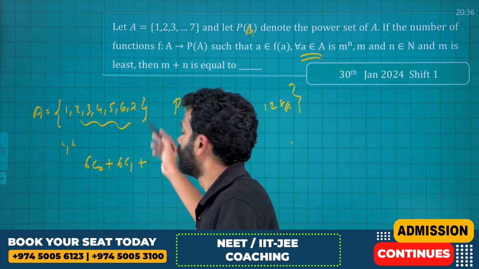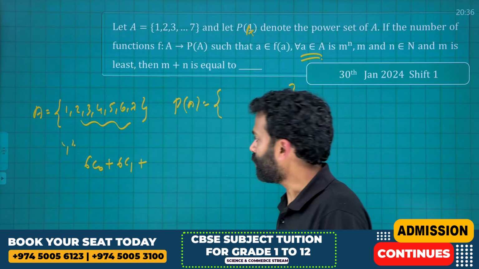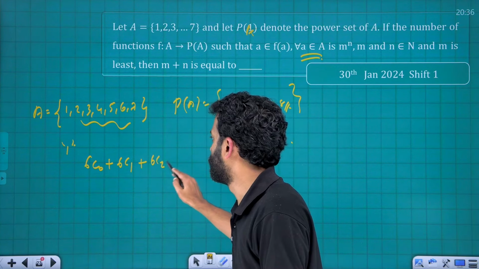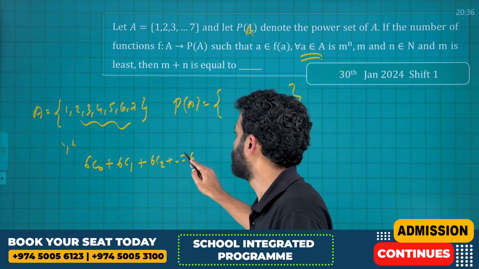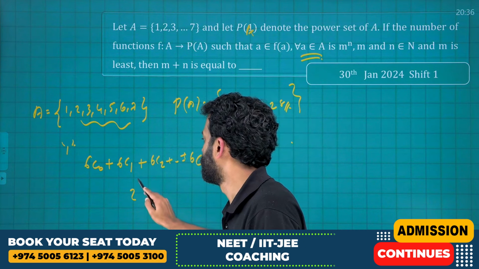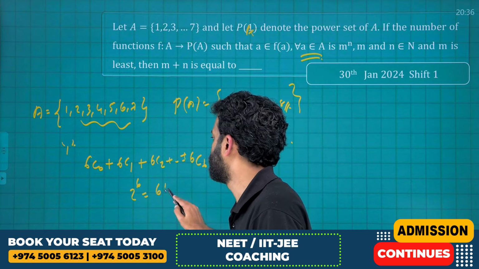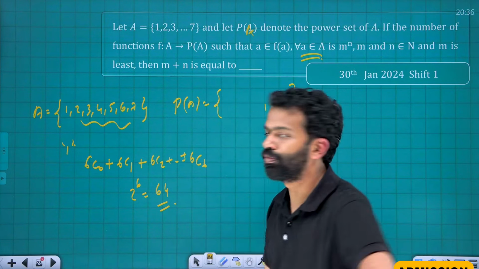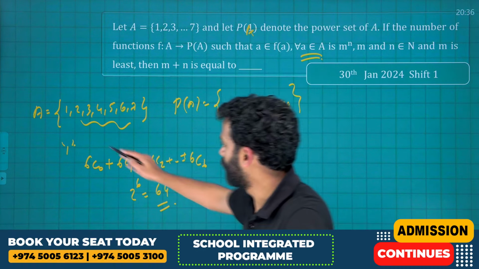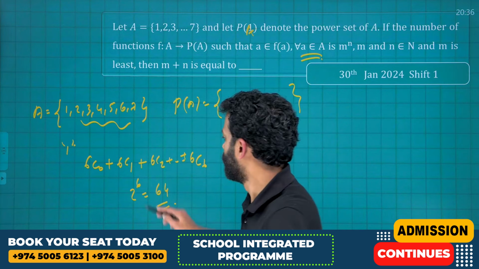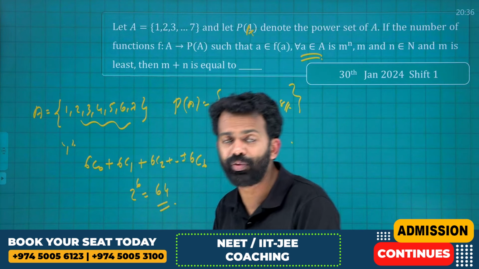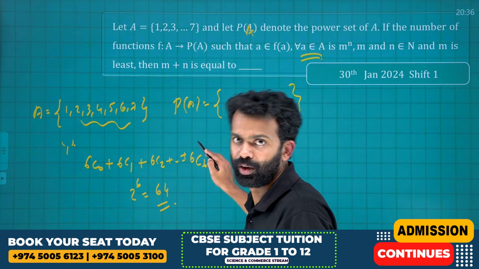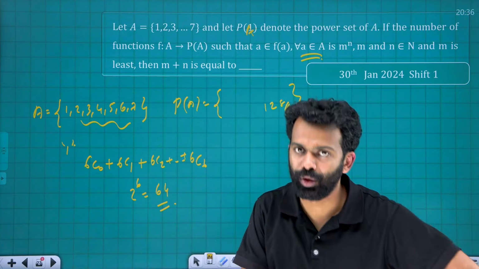Similarly, for 3 elements, we can select 2 from here, that is 6C2, and like that up to 6C6. That is 2 raised to 6, and 2 raised to 6 is 64. So 64 ways we can form the sets containing element 1. So 64 ways we can map the element 1 to the codomain. Hope you got the idea here.